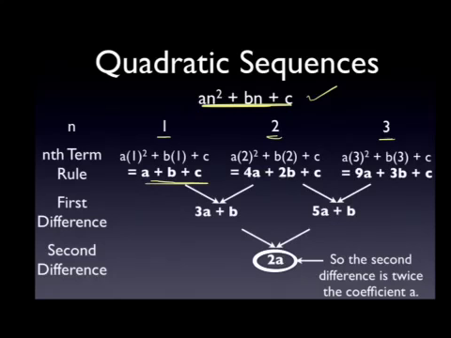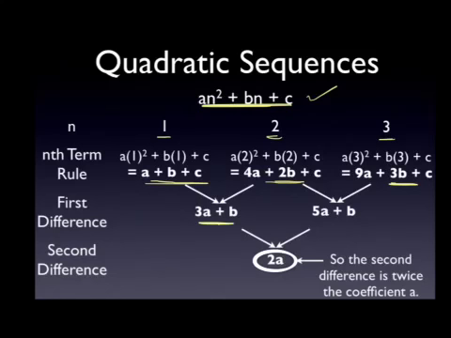When I substitute 2, I get 4a plus 2b plus c. And when I substitute 3, I get 9a plus 3b plus c. When I find the first difference, I get 3a plus b.